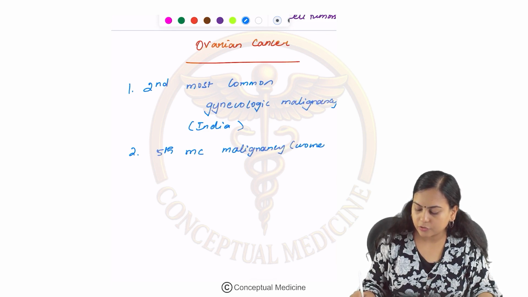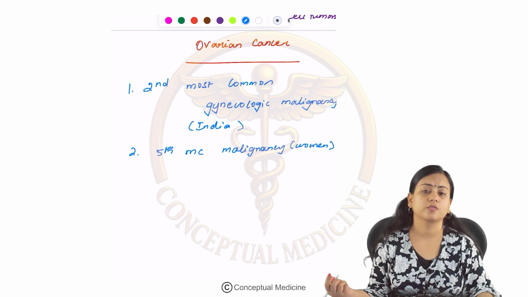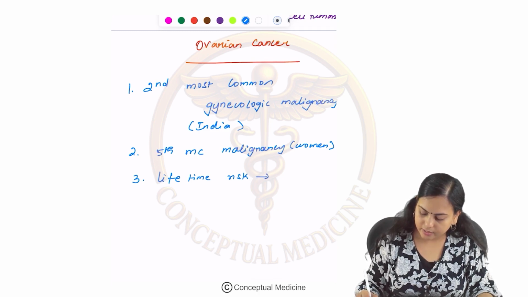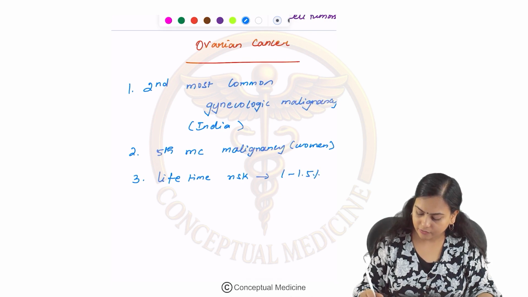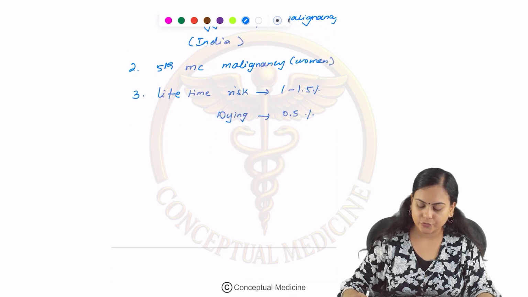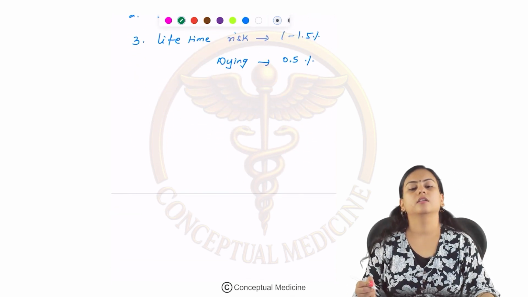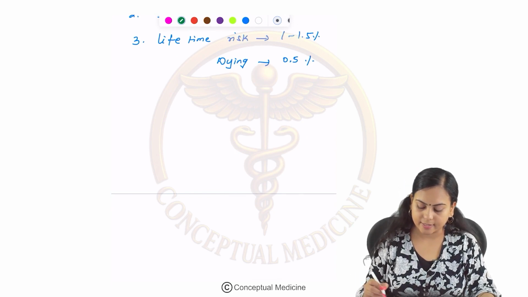Okay, so considering other tumors like breast carcinoma, lung tumors like that. Okay, and a woman's lifetime risk of developing ovarian cancer is going to be 1 to 1.5%, and the chance of dying from ovarian cancer is going to be almost 0.5%. Clear?